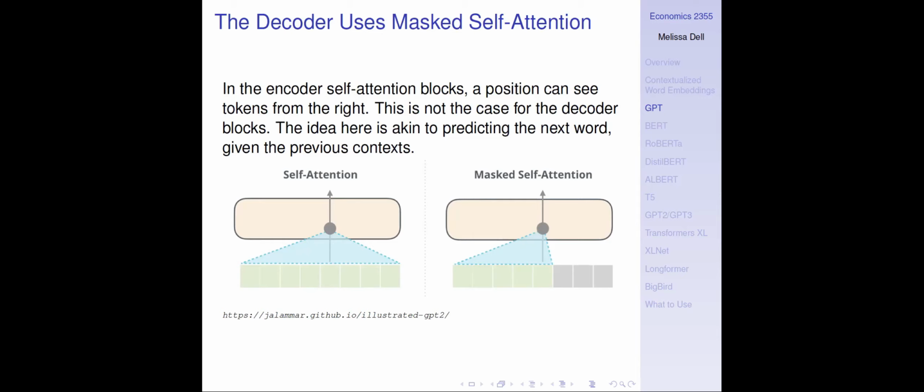In encoder self-attention blocks, a position can see tokens from both the left and the right. Whereas this is not the case for the decoder blocks in the transformer. The idea here is akin to predicting the next word given the previous context. Obviously, if you could see all the words, you could trivially predict what they are, so that wouldn't be a very interesting model.